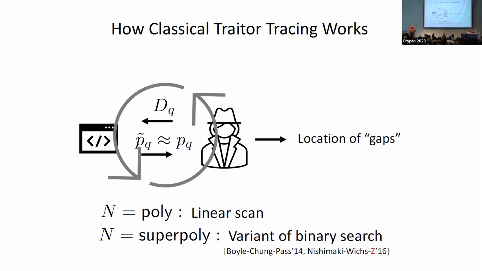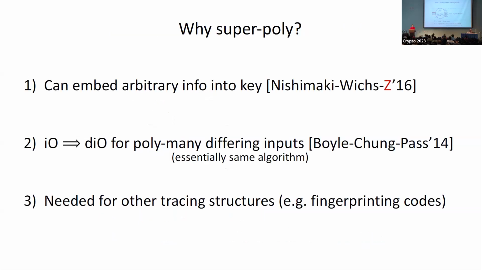Now, you could imagine n being super polynomial. So you still have a polynomial number of users, but their identities belong to a super polynomial space. And here again, in the classical setting, you can solve this with a variant of binary search. So why are we interested in super polynomial? Well, one is we showed that if you have super polynomial identity spaces, you can embed arbitrary info into the key.